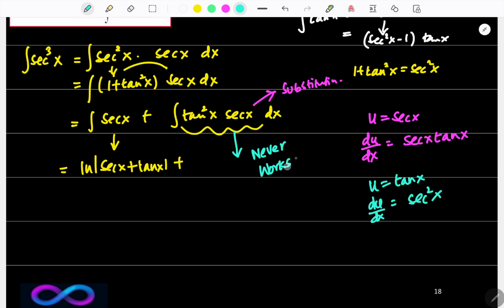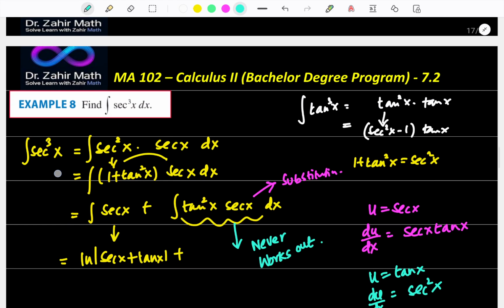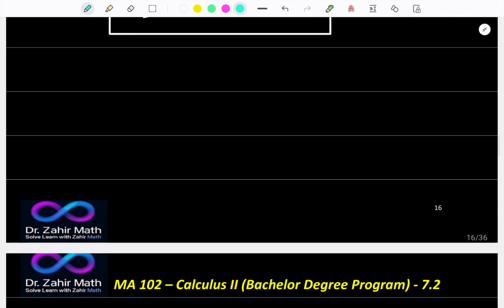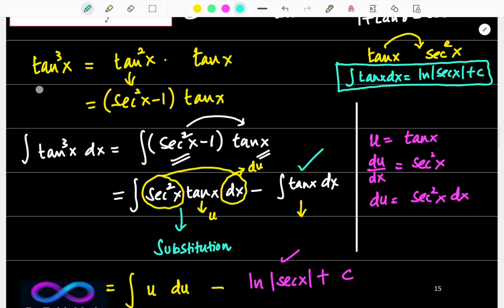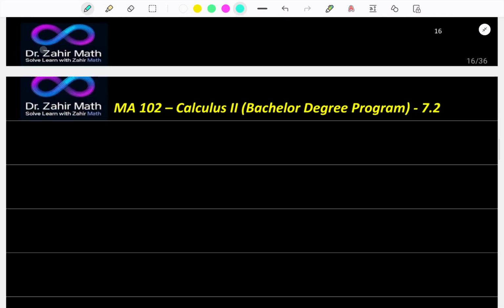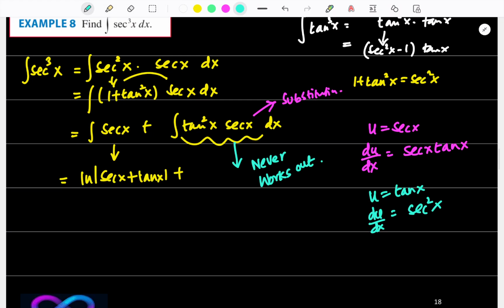Okay, teacher, you say the substitution method never works out. So what method are you going to do? Since the substitution method is a very powerful method and it is not able to apply here, we cannot do this problem with the same idea which I used for tan cube x. So secant cube x is a little different.